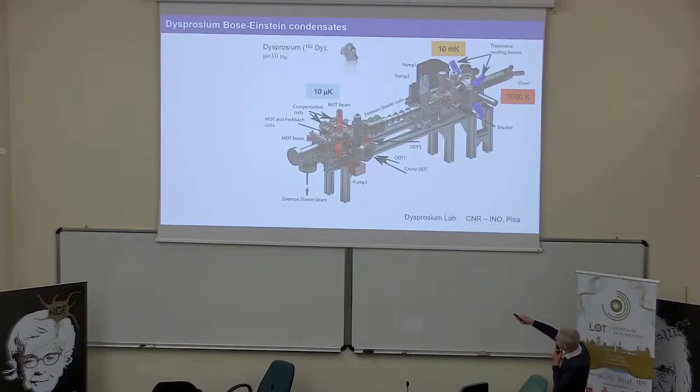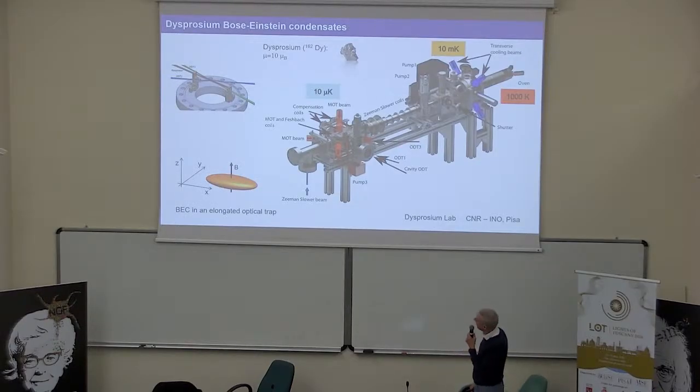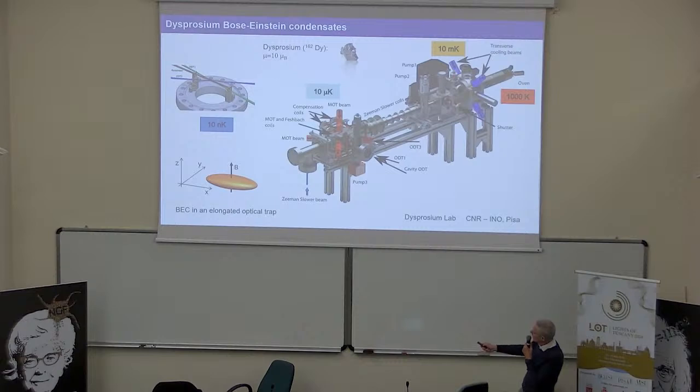This is not enough, so we continue the cooling with evaporative cooling in an optical trap, and at the end we get a Bose-Einstein condensate with a temperature of the order of 10 nanokelvin.